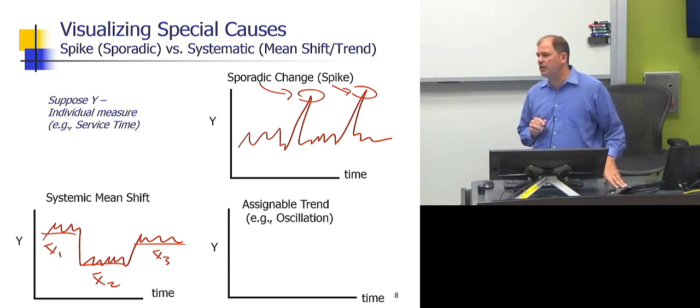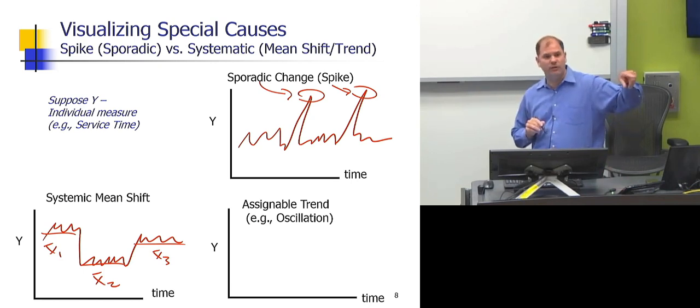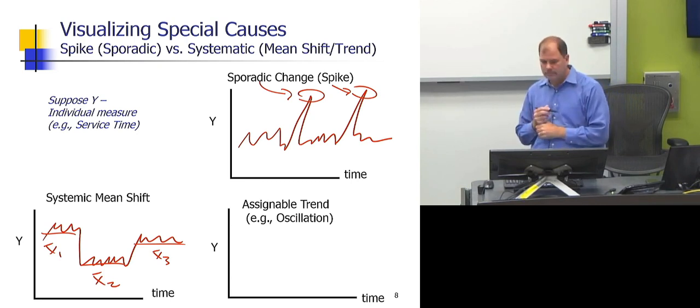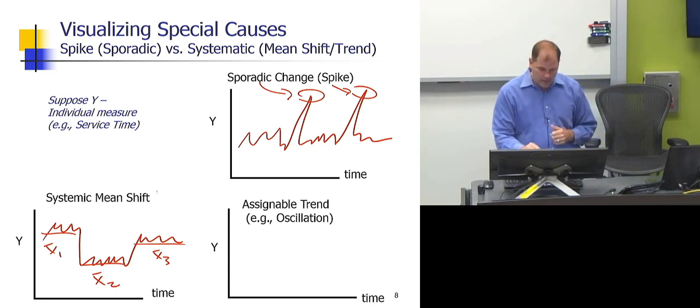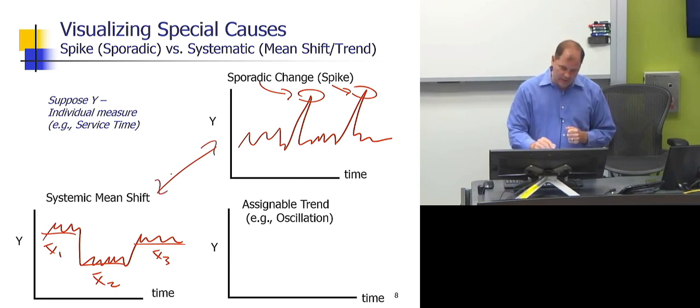Maybe I have a 3-shift operation, and all 3 shifts have their own idea of what's the best way to set it up. So shift 1 sets it up, then shift 2 changes the setup, shift 3 changes the setup. In both of these cases, we may need to look at our standardized work.